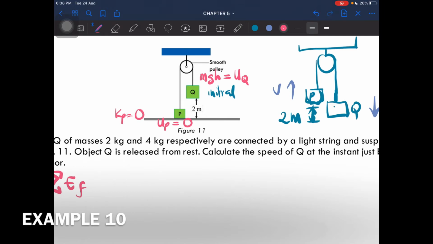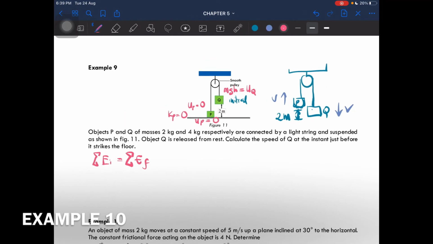I'm just going to draw, this one is speed. And then the potential energy for P is also equal to 0 because the height here is equal to 0. So initially we only have UQ. Why don't we have KQ? Because now Q's velocity is still equal to 0. So initially we only have UQ.